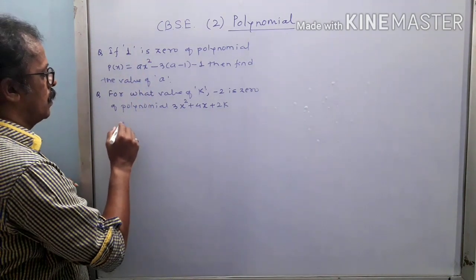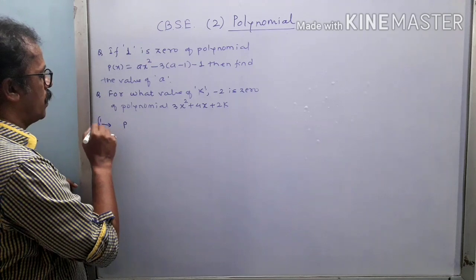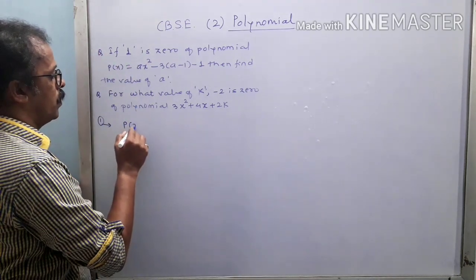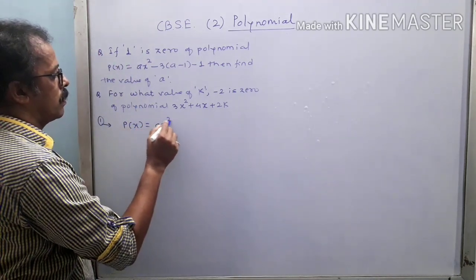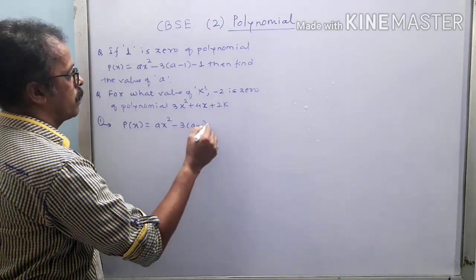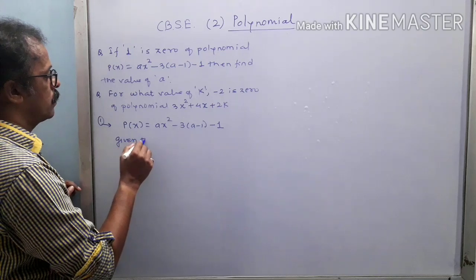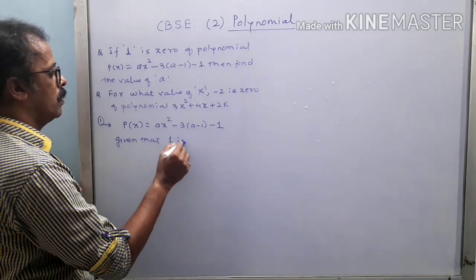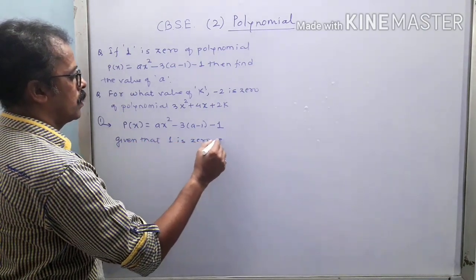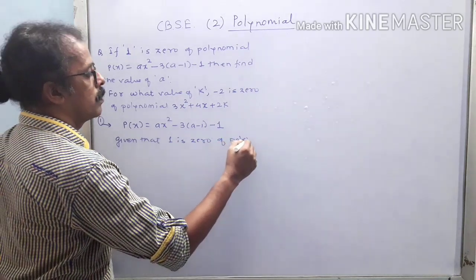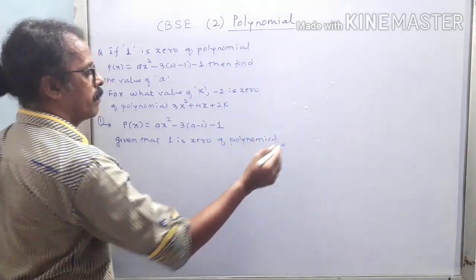So I am writing the solution for the first one. P of x is given as ax square minus 3 into a minus 1 and minus 1. Given that 1 is a zero of the polynomial, okay, this is given to you.